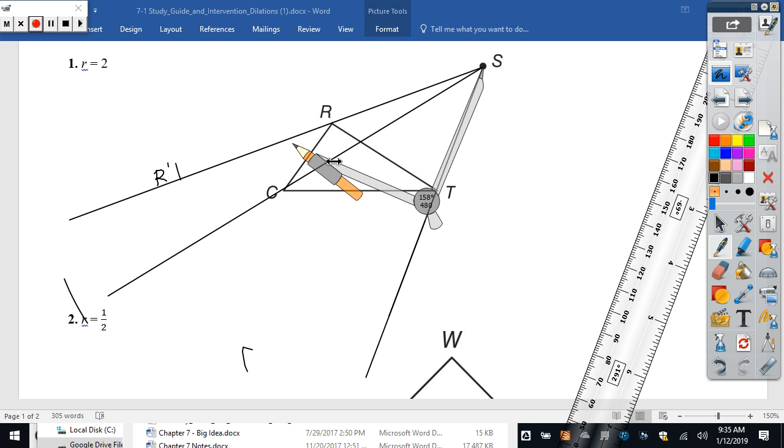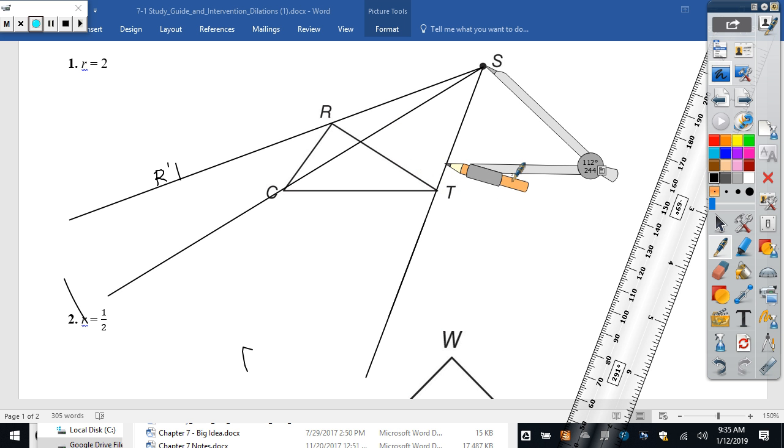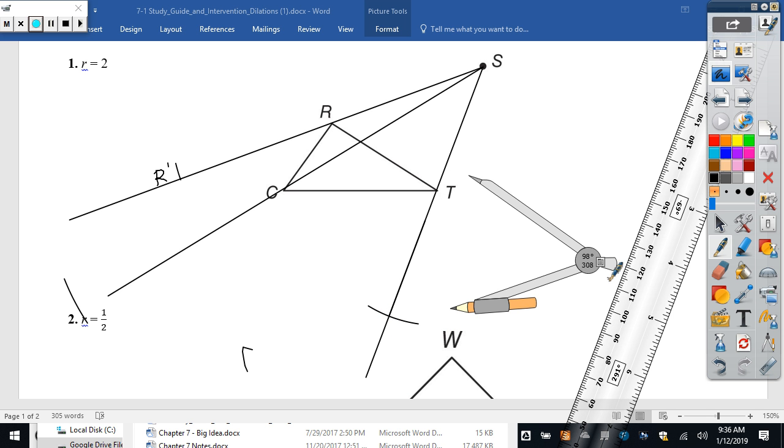For the last one for T, close right there. Okay, and this would be where T prime will lie.